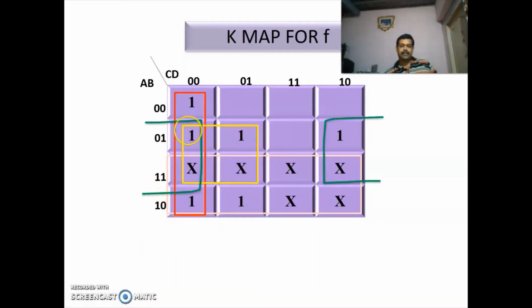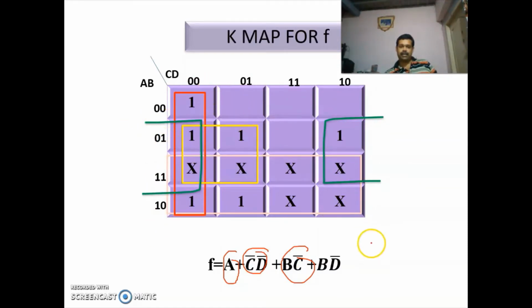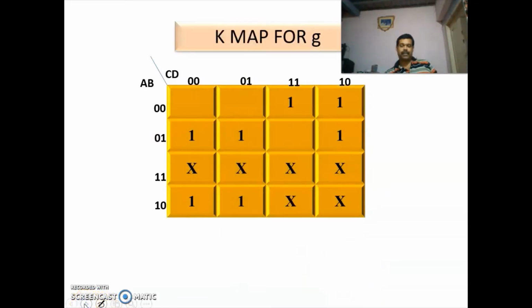So you have to write the expression. This one is C bar D bar. The expression of these 8 ones is A, the expression for these 4 ones is B C bar, and the expression of this is B D bar. Okay, so you got the expressions for F.